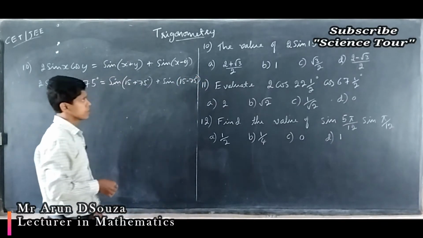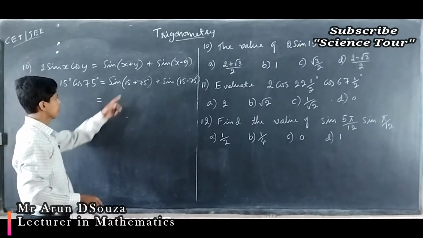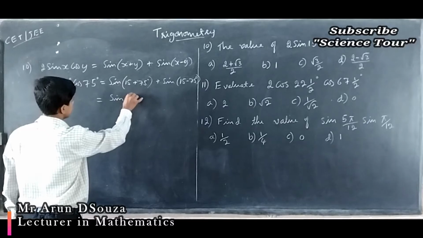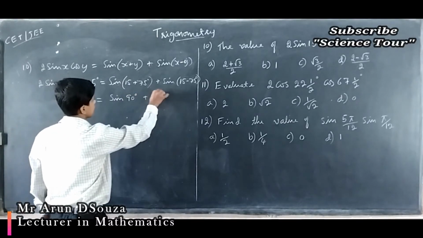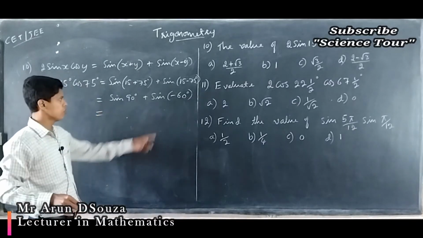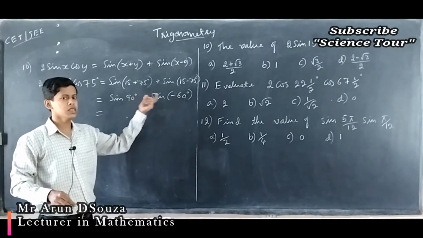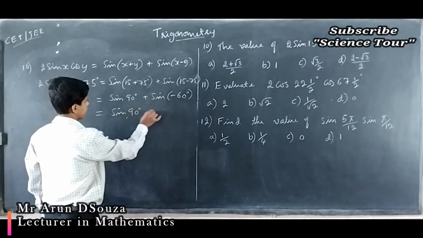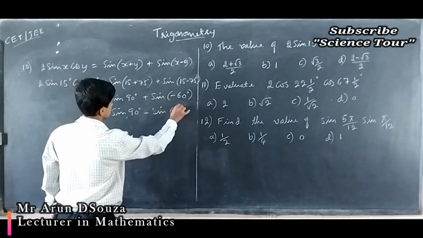So that is sin 90 degree plus sin(minus 60 degree). Now what is sin of minus x? It is minus sin x. Therefore this has to be written as minus sin 60 degree.